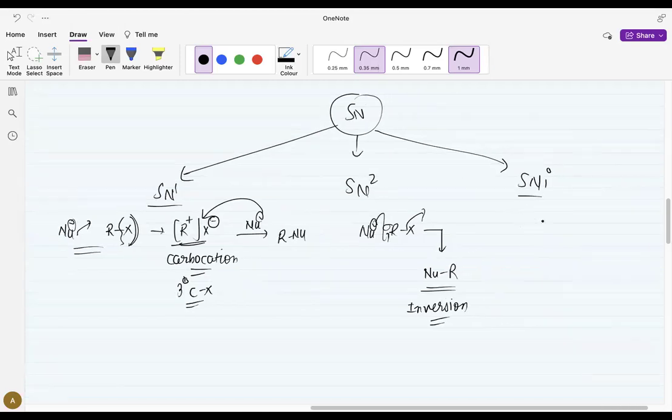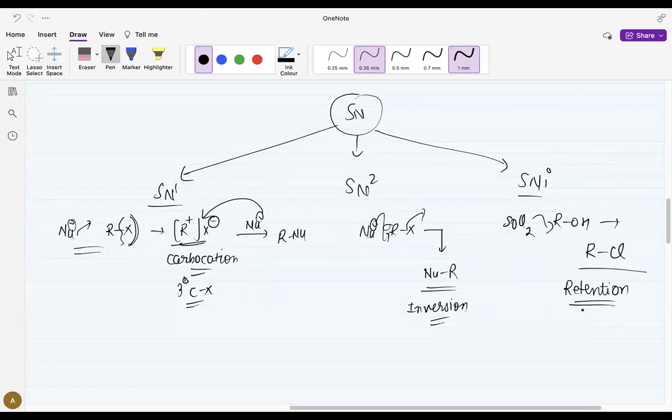Last is SNi. If it is SNi, you should have alcohols. If SOCl2 attacks the alcohol, you will get RCl, and it is through SNi, meaning nucleophilic substitution internal. If RCl forms internally, you will always know there is retention of the product.